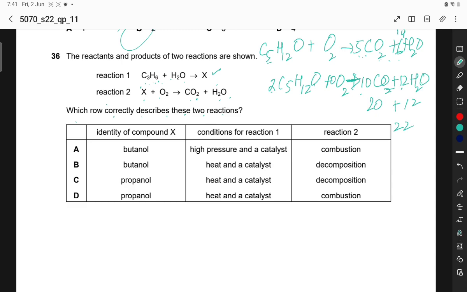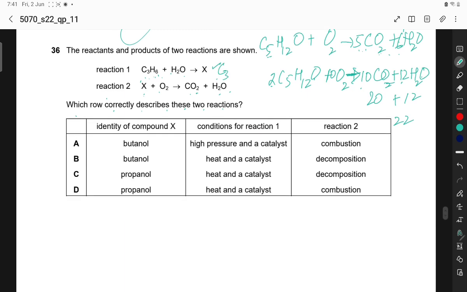C3H6 plus water forms C3H7OH, propanol, and reaction 2 produces carbon dioxide. This gives the identity of compound X. Compound X is propanol, and reaction 2 is C3H7OH plus oxygen to form carbon dioxide and water.